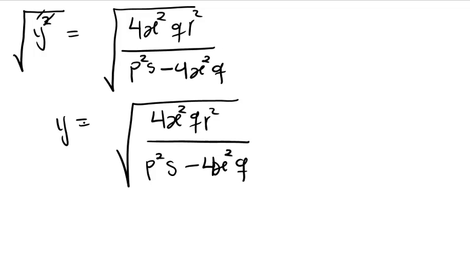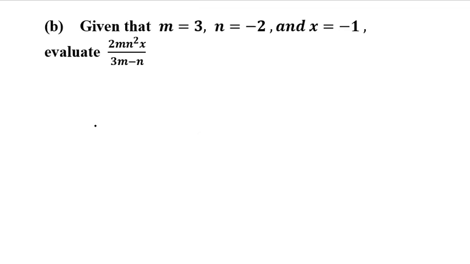Let's move to the b. For the b, you have been given an expression, but the question wants you to evaluate the expression there. So all that you have to do is take the values given for those variables in the question and substitute them into the expression. Where the m is, we substitute the 3 there.